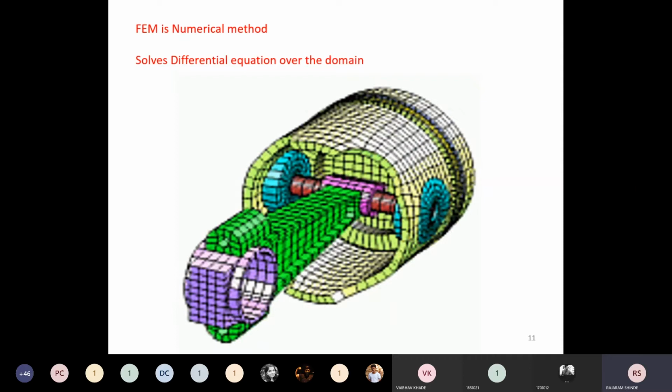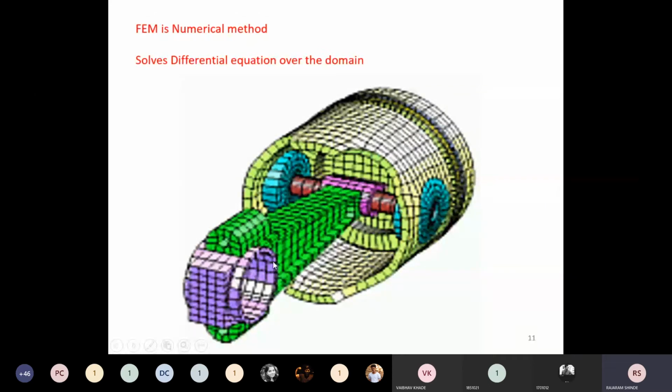Now see here I have shown one image, a piston connecting rod assembly. In this image there is one equation in the form of a differential equation, which describes the behavior of this assembly.